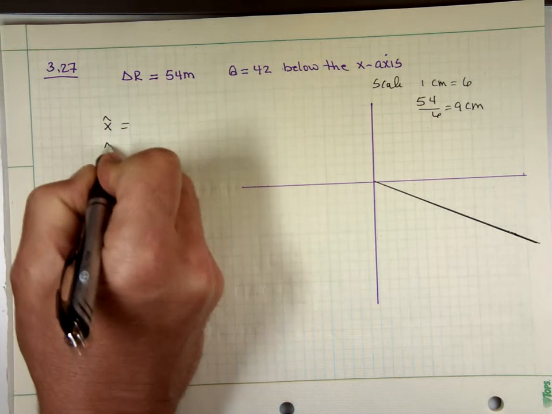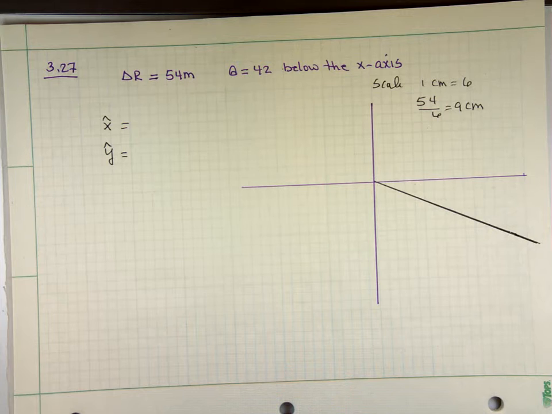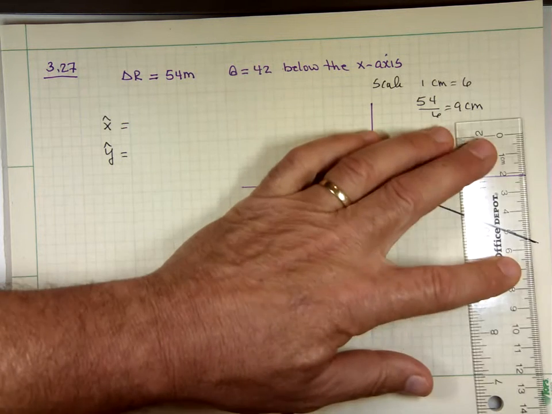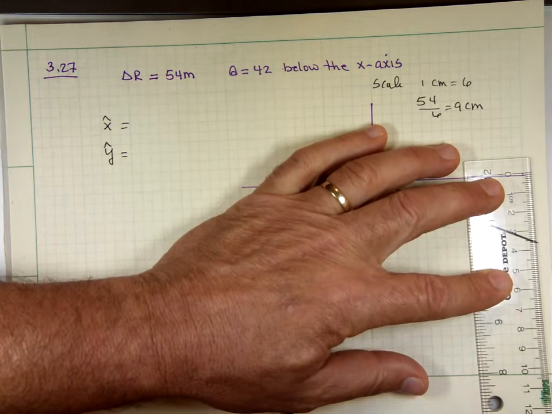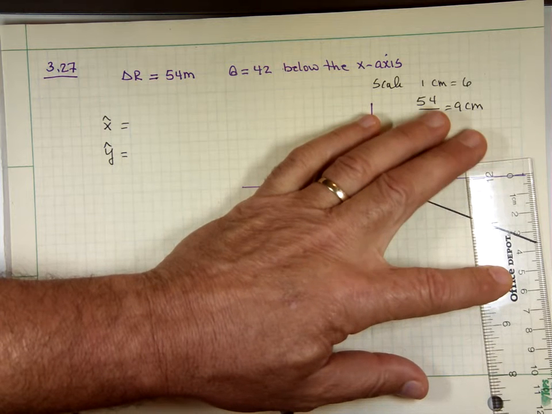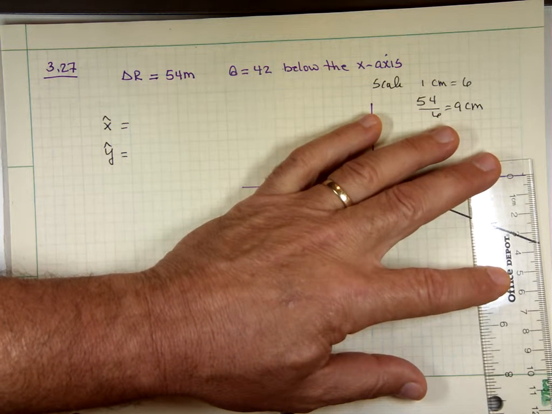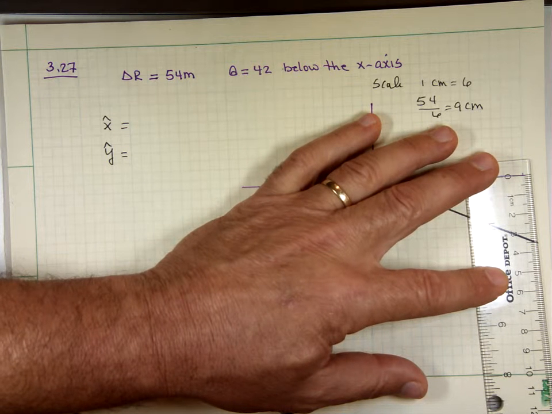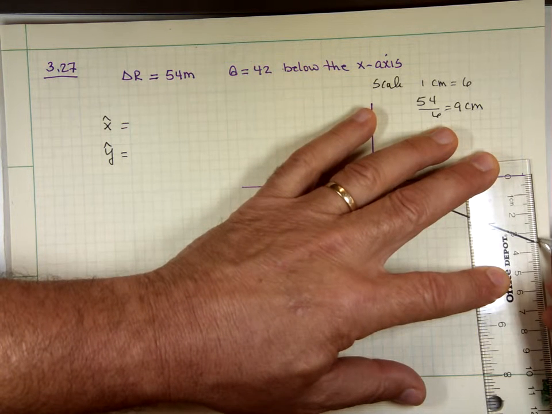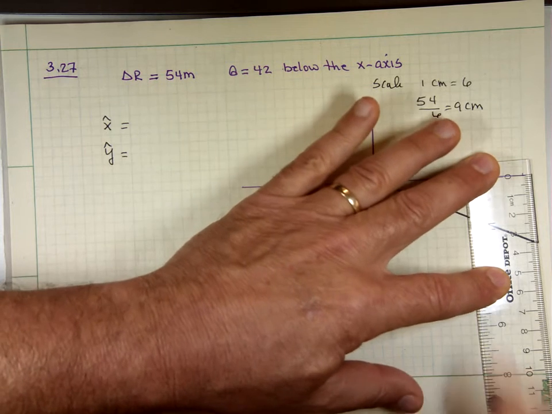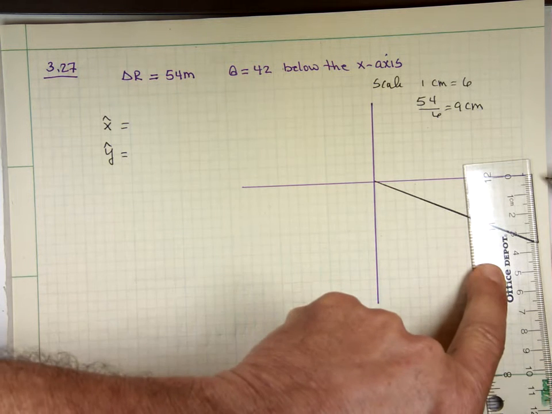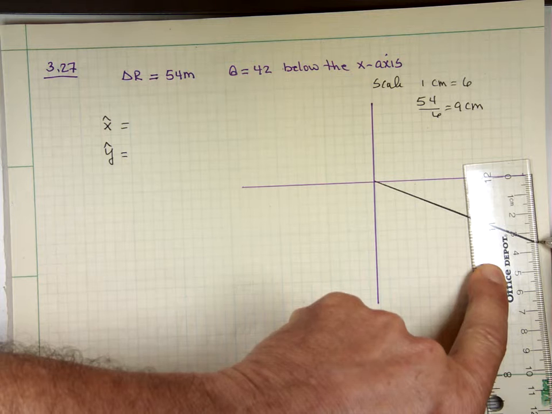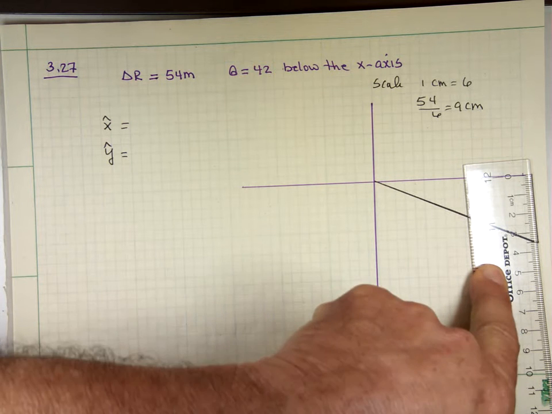Graphically, I'll do them graphically, then I'll do the math. You need to make a triangle here. I'm looking at the length of the y value, that's up and down. It looks to me like 3.5 centimeters. Can you see that on my scale?